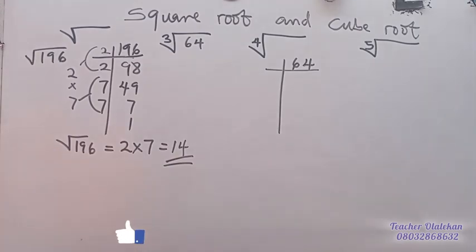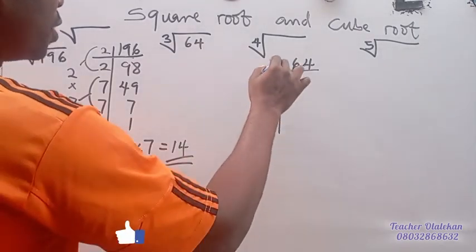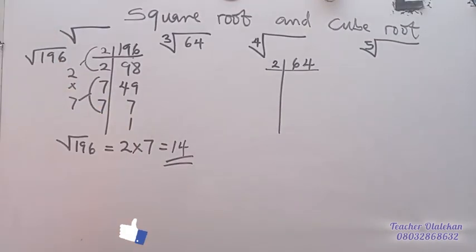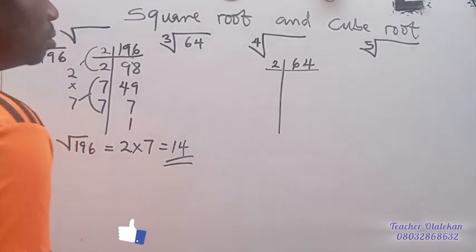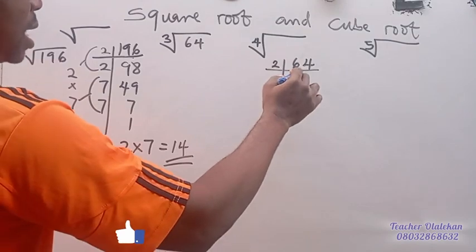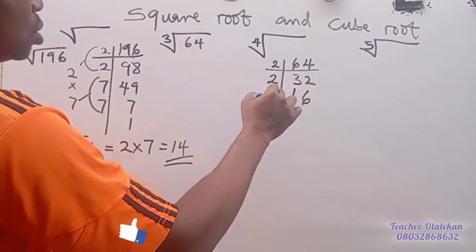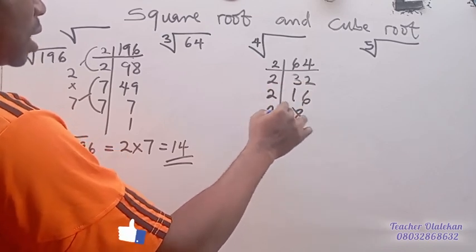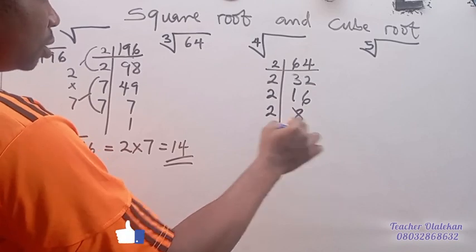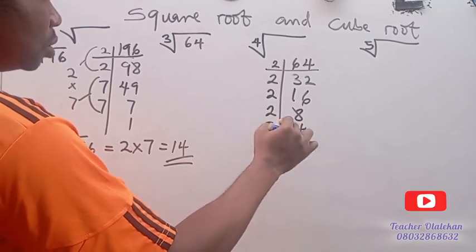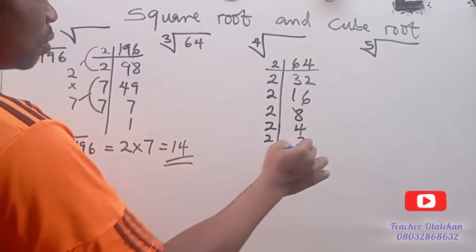But do not forget that in cube root we group in threes, unlike square root where we group in twos. So let's divide with 2. 2 in 64 is 32. 2 in 32, 16. 2 in 16, 8. 2 in 8, 4. And 2 in 4, 2. 2 in 2, 1.